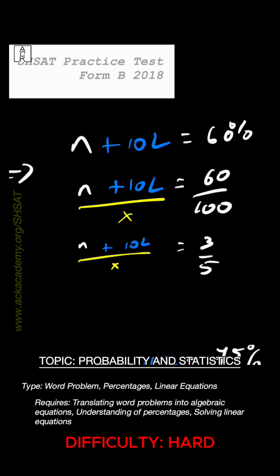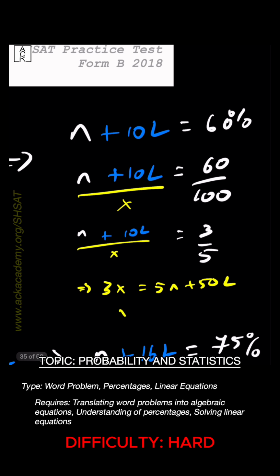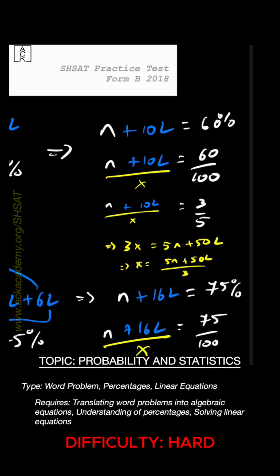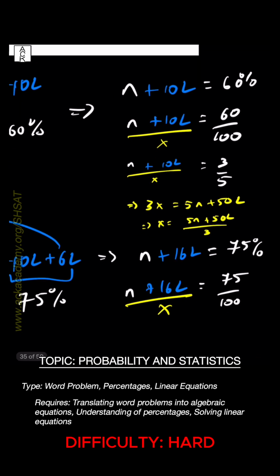So then this would be 3x equals 5n plus 50L. And so now we have x is equal to 5n plus 50 over 3. So this is the value of x, which would be 100% once we solve it.